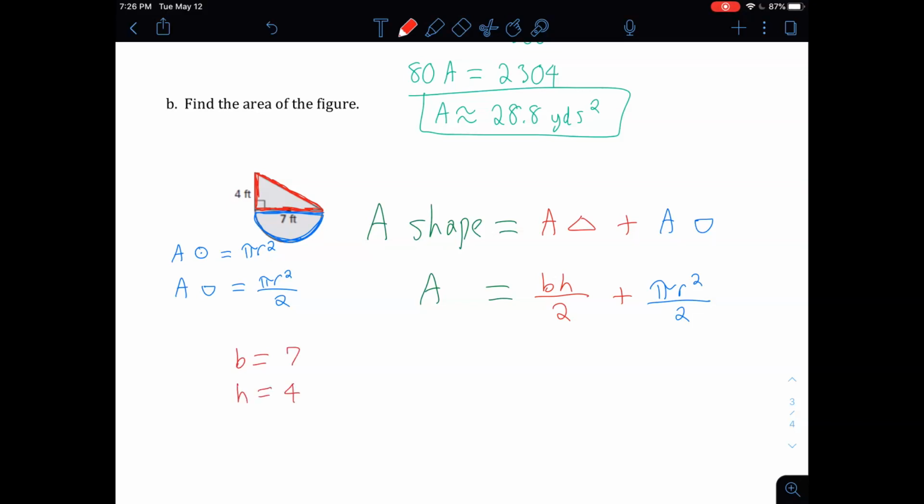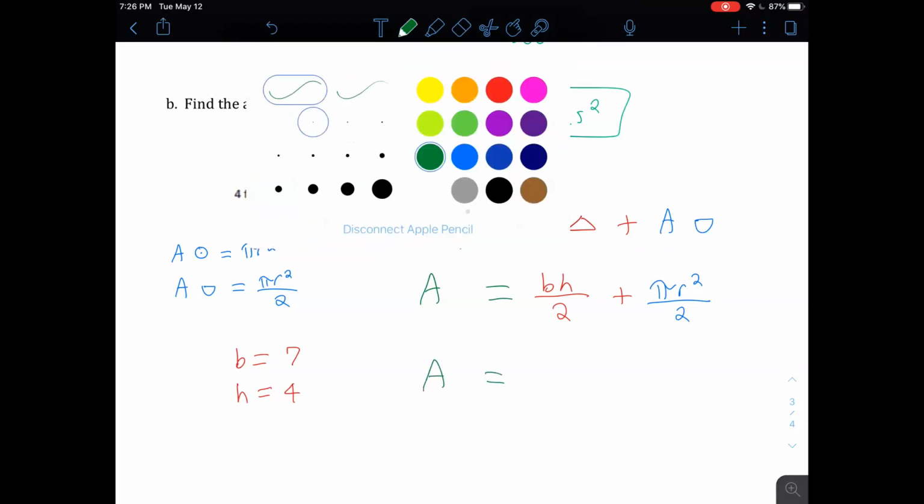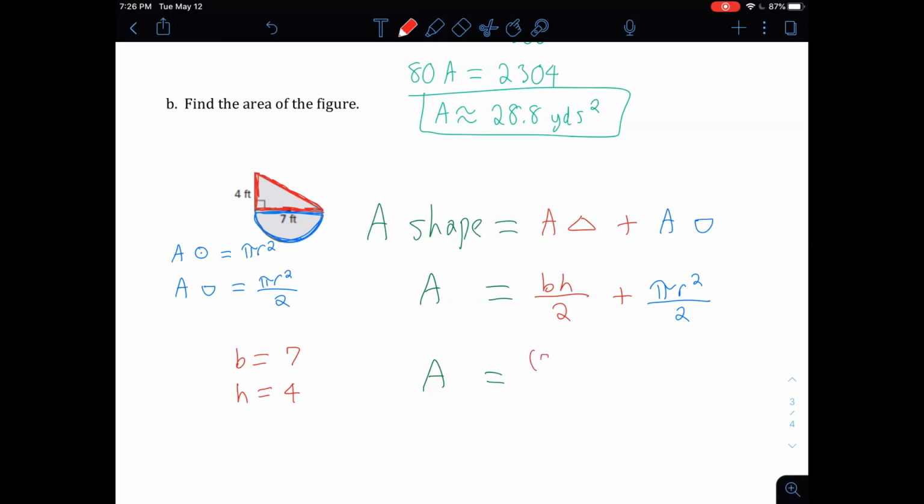So we're going to do 7 times 4 over 2 plus, and then in blue, what's the radius of that circle? It looks like the diameter is 7, so the radius is going to be what? 3.5. So we're going to do pi times 3.5 squared all over 2.